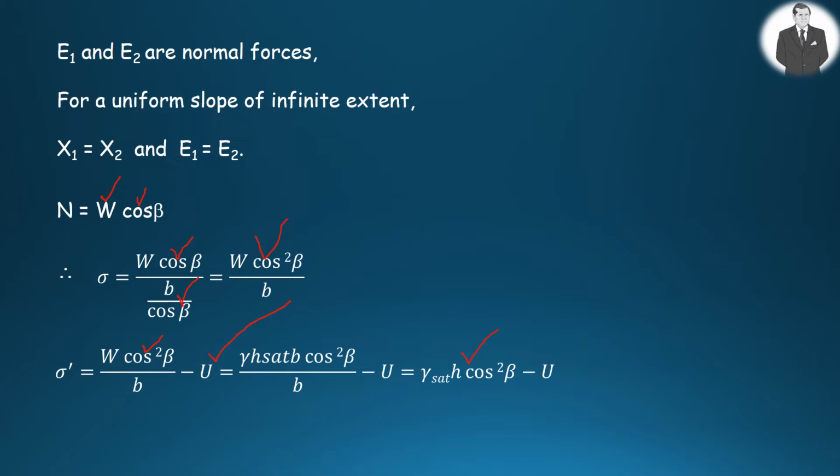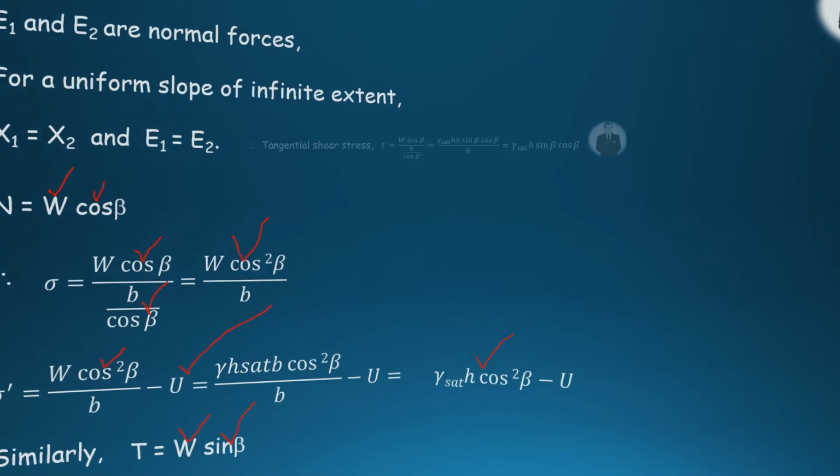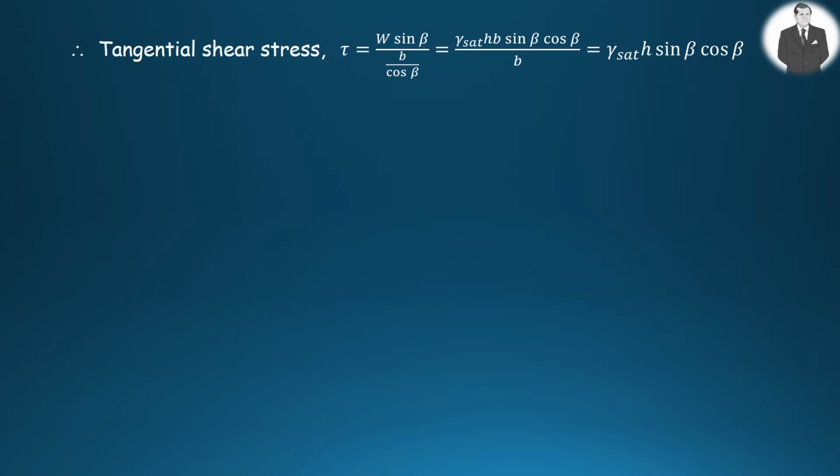In a similar manner, tangential force can be defined as the weight of the rhombic element times sine beta. So the tangential shear stress can be obtained dividing shear force by the cross-sectional area of the rhombic element.